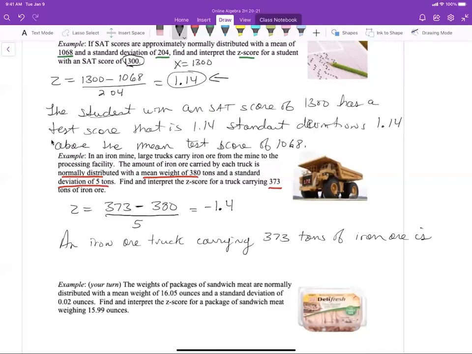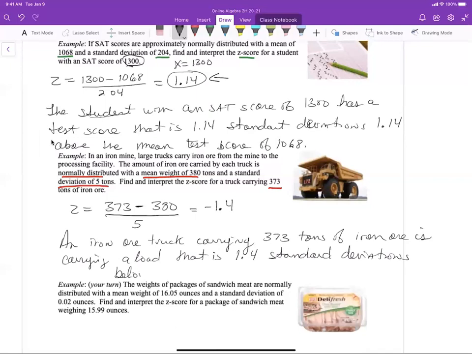They're carrying a load that is 1.4, always positive, standard deviations, but now we describe the direction.